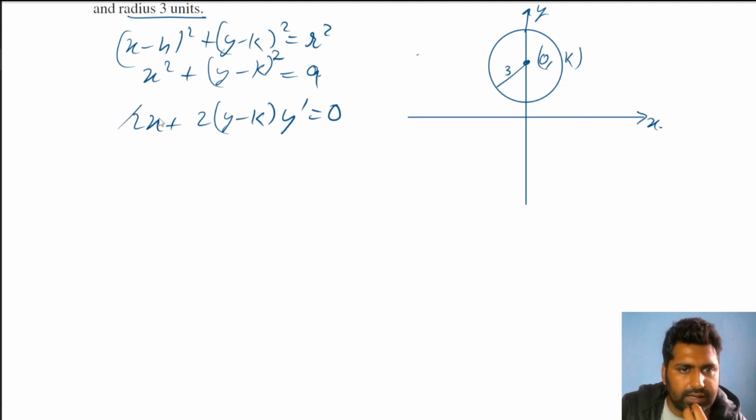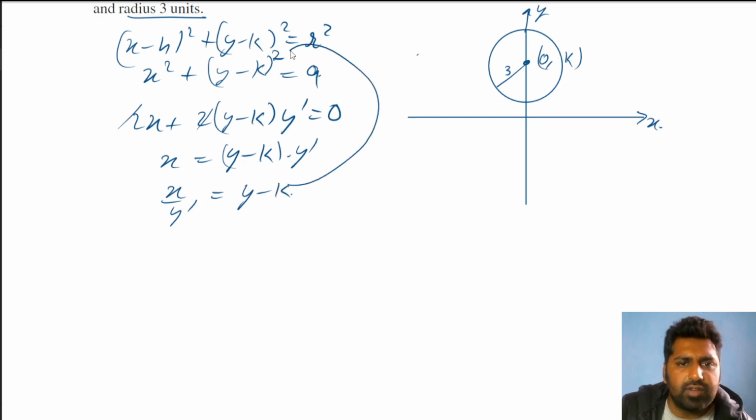The 2 cancels if you take it on the other side, so x equals y minus k into y dash. Take y dash here, so x upon y dash is equal to y minus k. Now replace y minus k in the equation. That will be much easier.